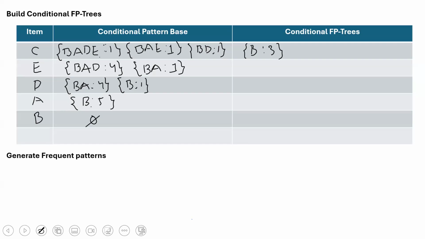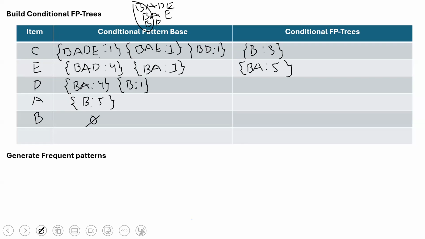What is common in all these 3 things? BADE is the first one. The second one is BAE. And the third one is BD. What is common in all these 3? Only B is common. So that came 3 times. What is common in these 2? BA is common in these 2. So that becomes 5. 4 plus 1, which is 5.